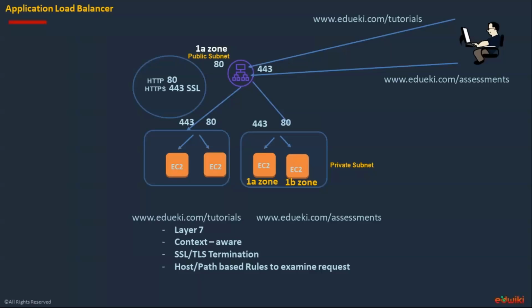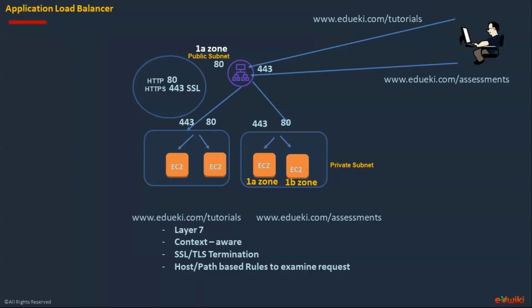Of course, you are maintaining 1A zone and 1B zone for your private subnets, and you have both servers up and running. But if you look into your load balancer, guys, if you deploy your load balancer into one public subnet of one zone, if that zone is not working, your load balancer is gone. If your load balancer is not working, do you think your end client can reach the server?